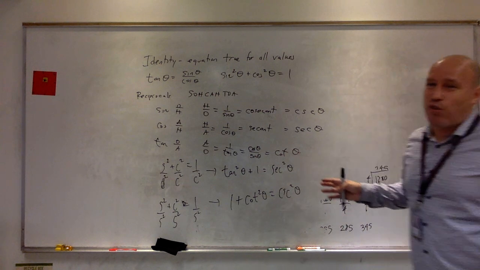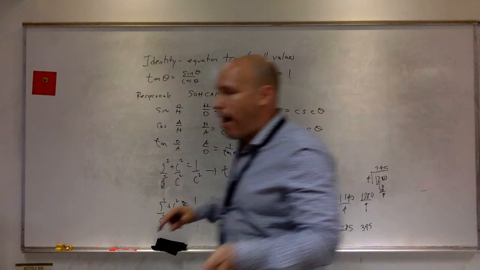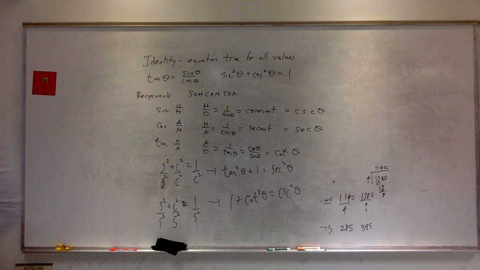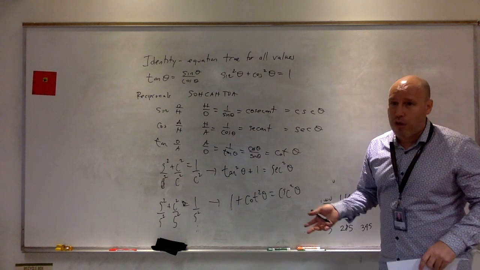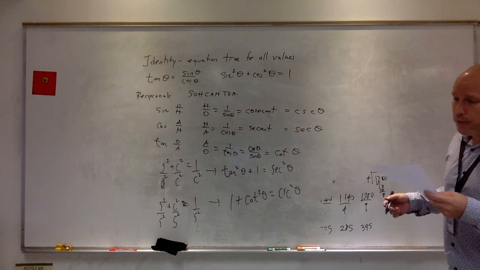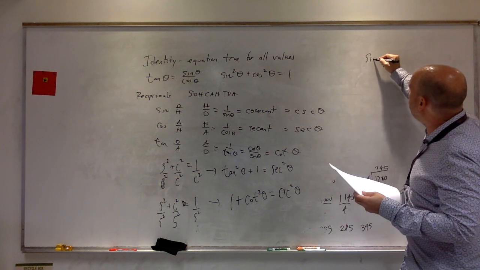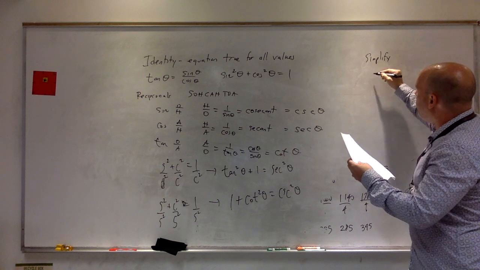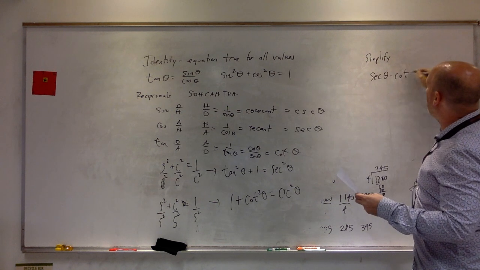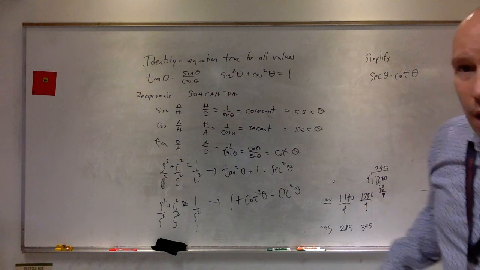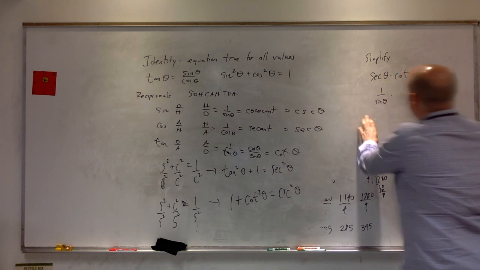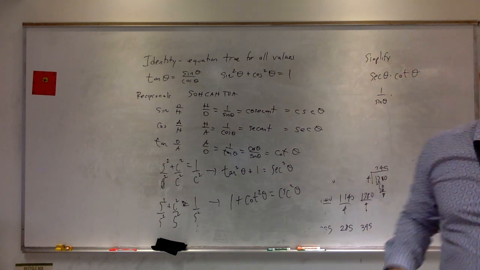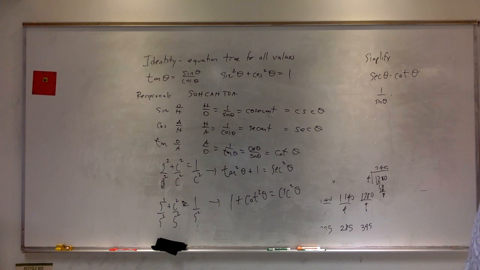Now, there's a fun exercise you can do to practice, and that's just simplifying expressions. I'll give you a sheet, so you'll do some problems. Here's one or two problems. The idea is to turn everything into sine and cosine and see if you can simplify. For example, if I ask you to simplify secant theta times cotangent theta, what is secant?